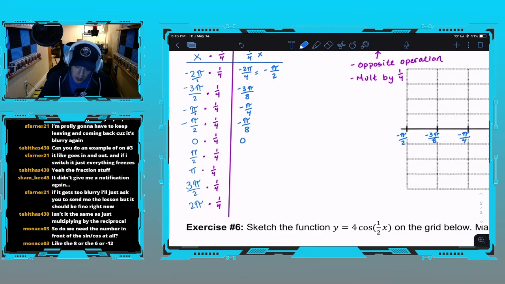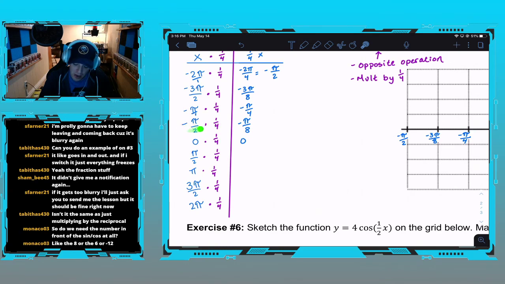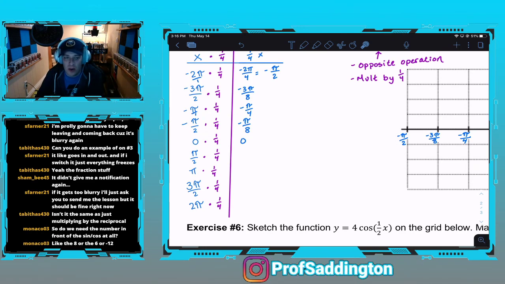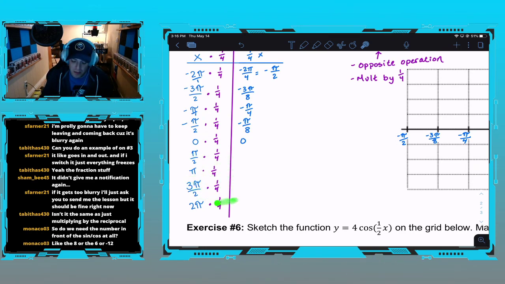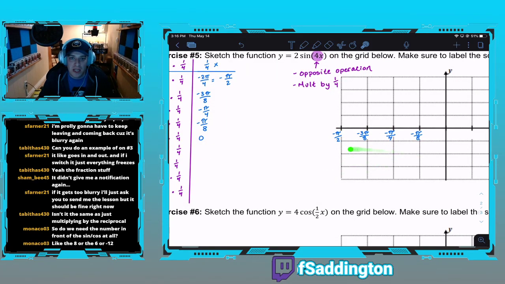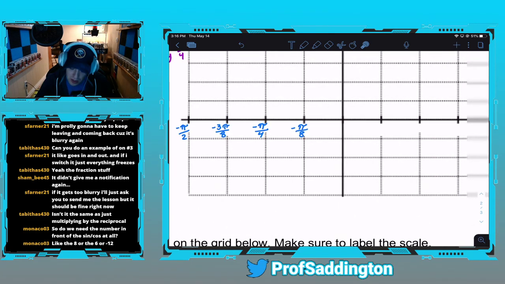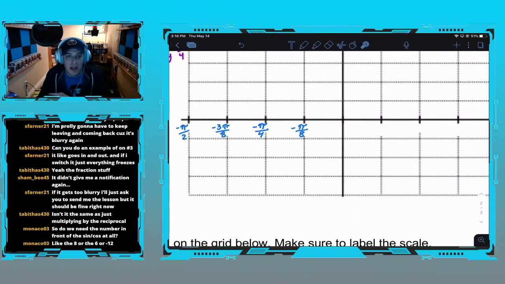And now you're going to realize you don't have to multiply anymore because we already have all those answers. Pi over 2 times 1/4 is going to give us the same answer as negative pi over 2 times 1/4. The only difference is the answer is going to be changing to positive. So when you're doing this out, we don't really care about all the positive numbers down here because we just wrote all those answers right here on our grid. So now I'm just going to take all those answers I wrote down and I'm going to write it on the other side now.